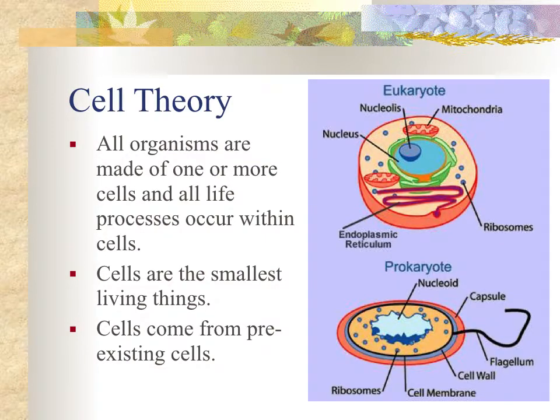we've got all this great diversity of life, but they're really all made of cells, and these cells are all working together to make the visible life we can see, and that life processes are really the processes that occur within cells. And if you look at things that are smaller than a cell, those things really aren't alive.